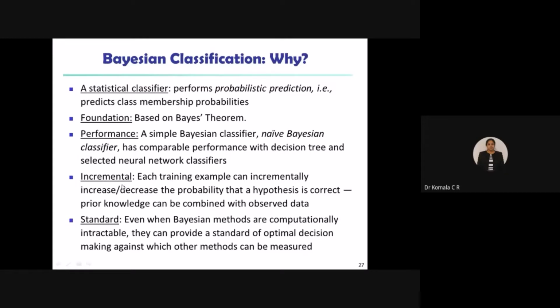The next property is incremental. Each time we go for testing data and training data, the concept is the same. Each training example can incrementally increase or decrease the probability that a hypothesis is correct. Prior knowledge can be combined with the observed data. So how do we do the probability prediction? We observe some data in the database, and while doing this we form a theory called a hypothesis, using Bayes theorem.